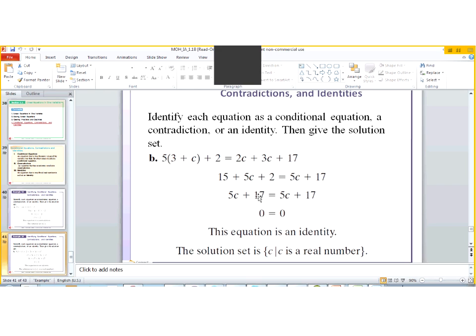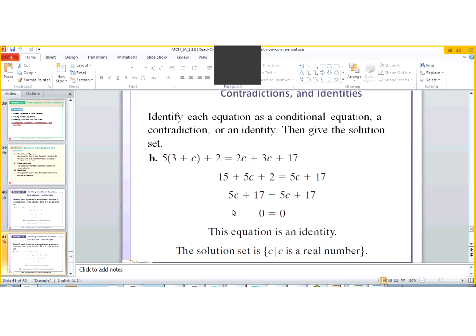Okay, so this one would be an example where you have infinitely many solutions. Infinitely many solutions happen when you distribute and all the variables cancel, all the numbers cancel, and you end up getting 0 is equal to 0. This is known as an identity. It means all real numbers can be a solution here. I can pick any number and it works. A good example would be x is equal to x, or x plus 1 is equal to x plus 1.